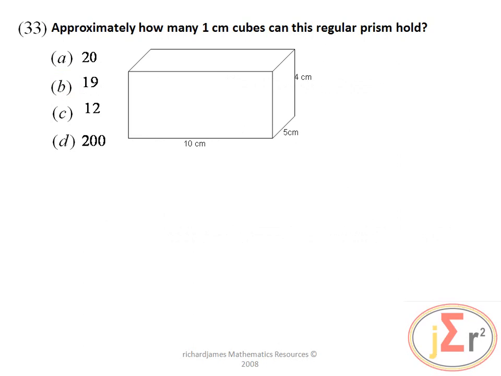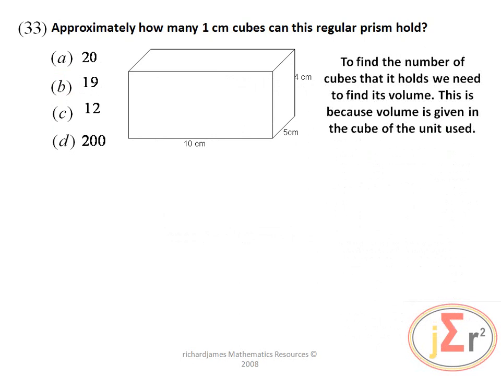Approximately how many 1 centimeter cubes can this regular prism hold? To find the number of cubes that it holds, we need to find its volume. This is because volume is given in the cube of the unit used.